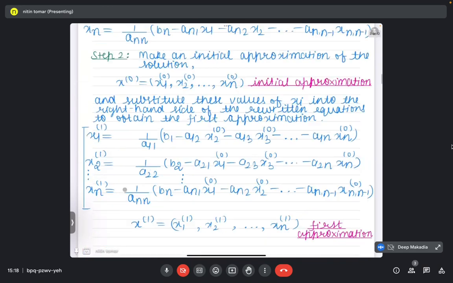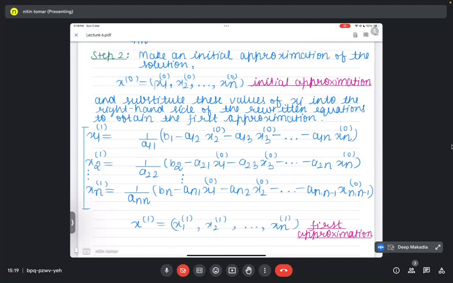Now in step 2, we make an initial approximation of the solution. Let us start with an initial approximation which we denote by x naught, of the form x1 naught, x2 naught, up to xn naught.